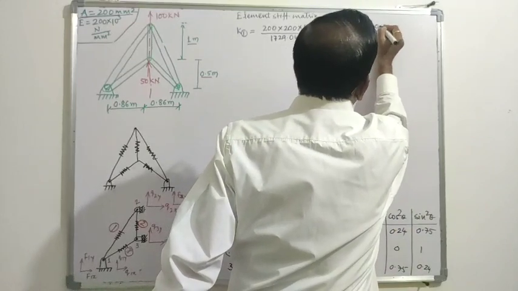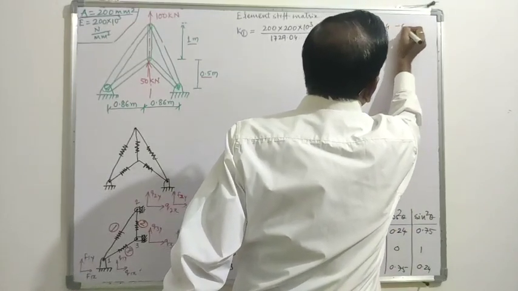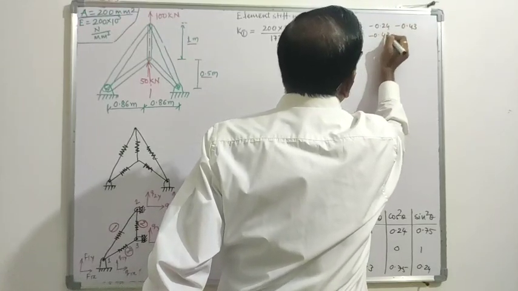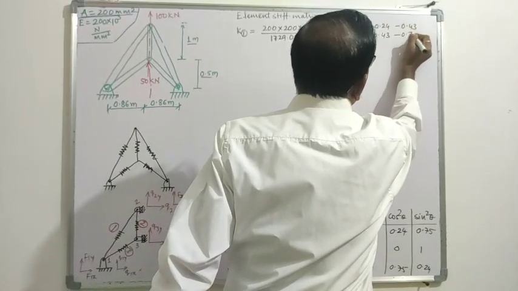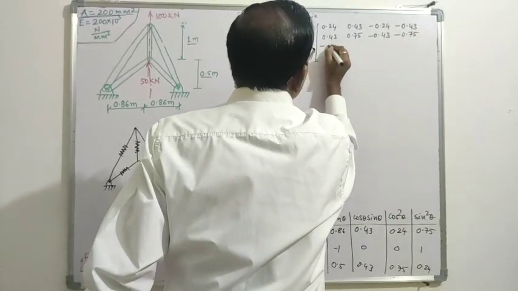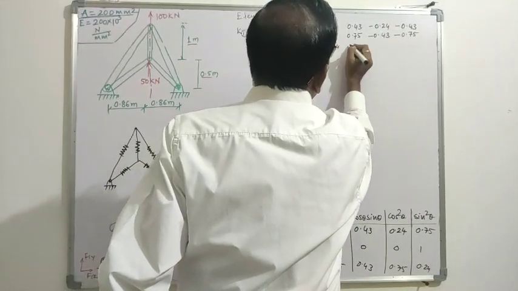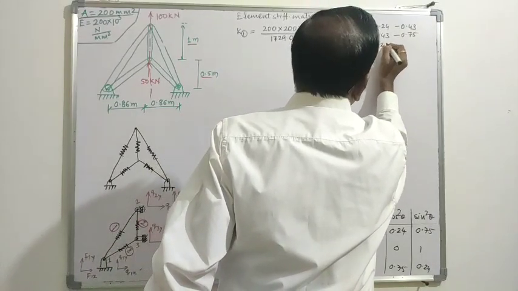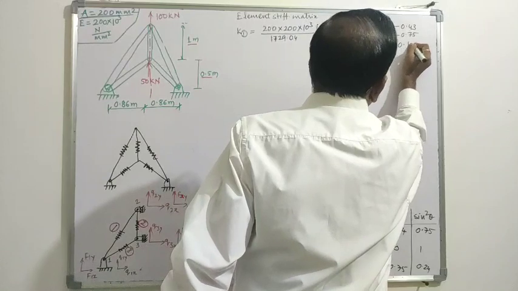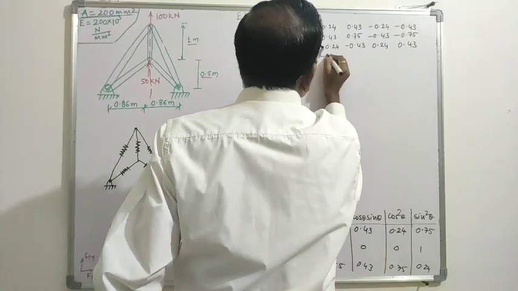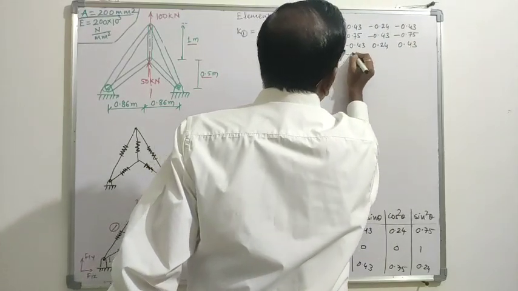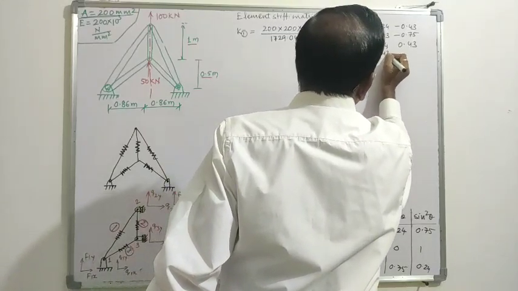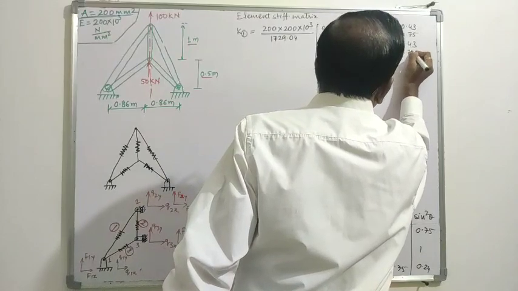So the matrix is 0.24, 0.43, minus 0.24, minus 0.43; 0.43, 0.75, minus 0.43, minus 0.75; minus 0.24, minus 0.43, 0.24, 0.43; minus 0.43, minus 0.75, 0.43, 0.75.